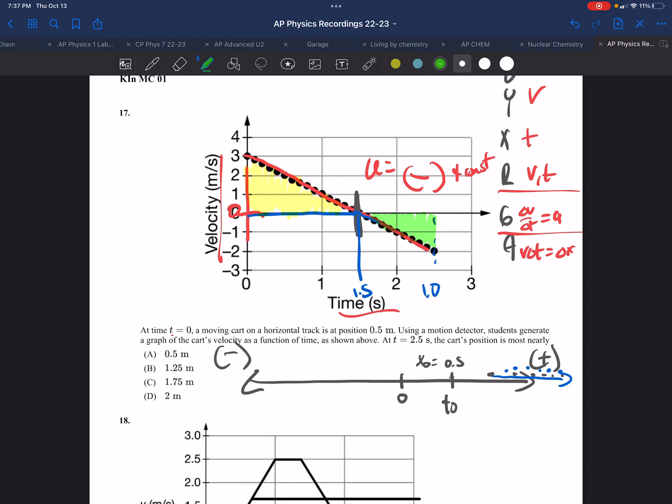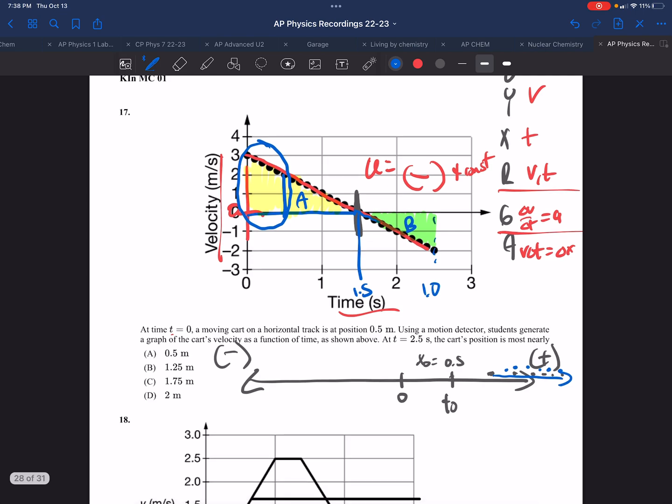You can see that if we were going backward, this green area, A, and the yellow area, B, are equal and opposite and add up to 0. So it will still be positive from its starting point of 0.5 by that amount of area.